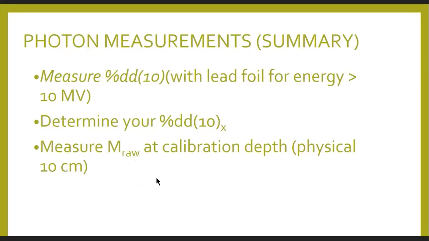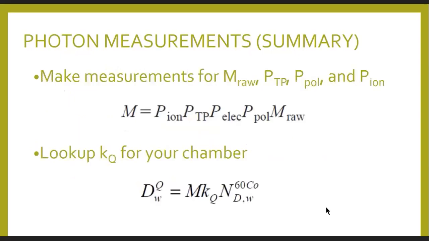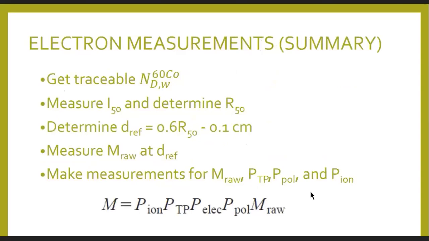Then we get the reading, and we correct that reading for correction factors, in case of temperature, pressure, polarity correction, ion recombination. We can get the KQ value for that beam using the beam quality specifier.